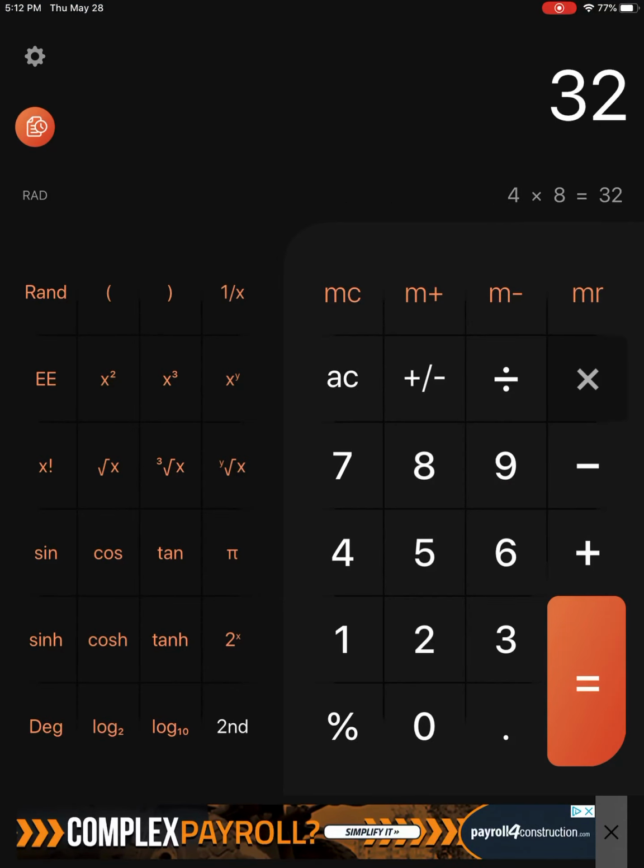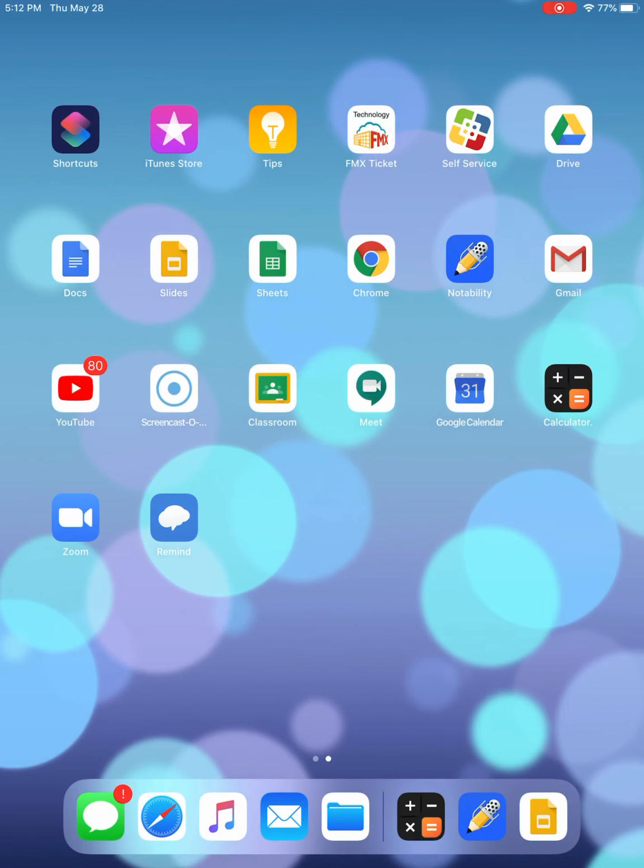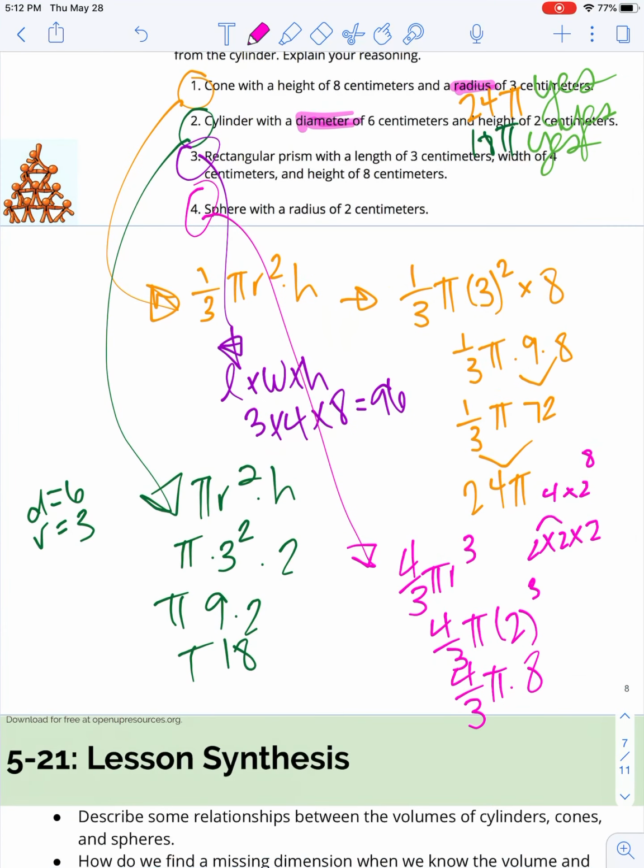No, not times. Ugh. 4 times 8 divided by 3. Whoa, okay. Well, 10.6, that's not a friendly number, but there we go. 10.6 pi. So that one, because it is less than 18 pi, that would be no.